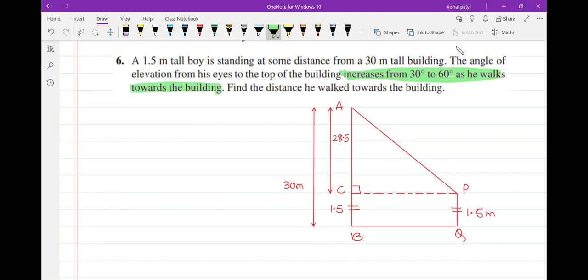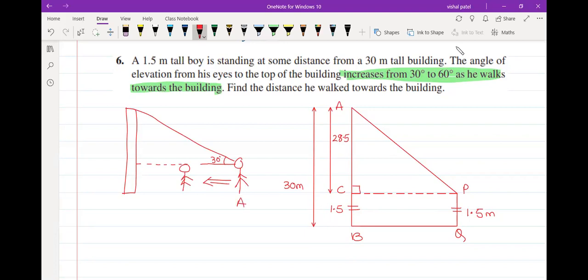What does that mean? It means this: see this. This is the building. Earlier the boy was here. When he's looking up, with the horizontal (showing the horizontal as a dotted line is compulsory), the angle was 30 degree. After that, he is walking towards the tower.